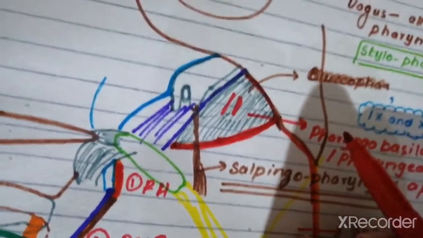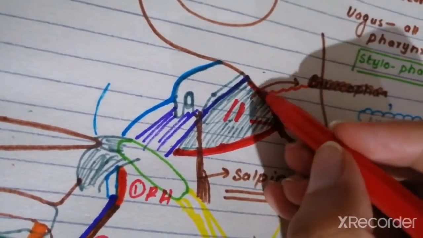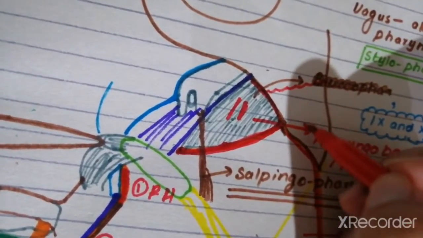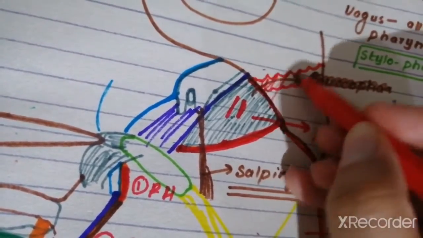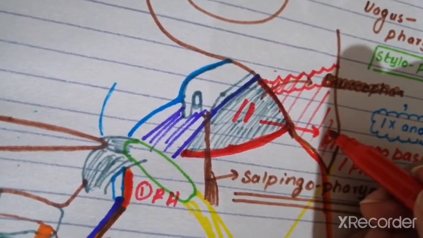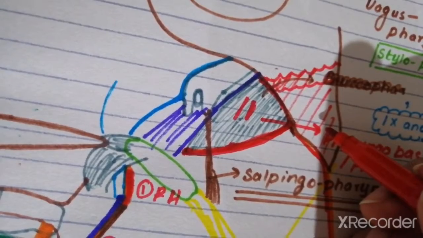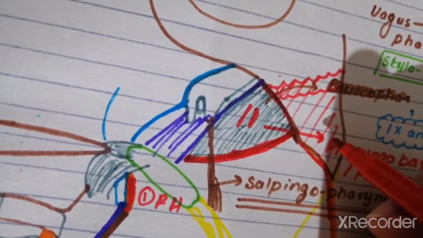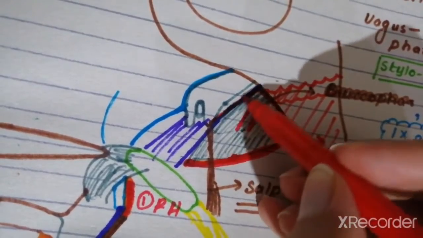Superiorly, the fascia is attached to the basi-occiput. This is the basi-occiput. Technically, the suture should be somewhere over here, right? And to the petrous temporal bone, there is also an attachment. The attachment is also over here to the auditory tube.